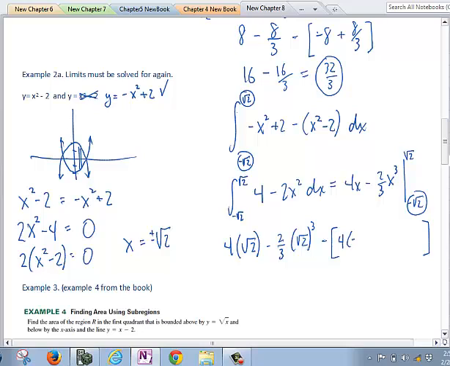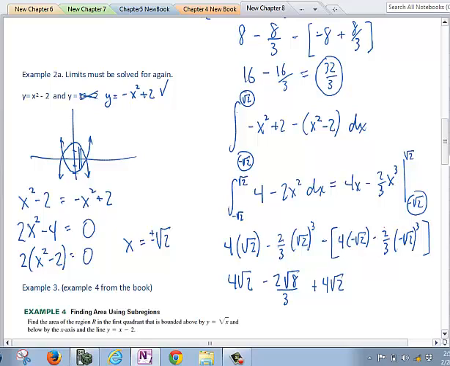I'm going to try to simplify this mess. We get 4 root 2 for that part, minus root 2 cubed, which is root 2 times root 2 times root 2, which is root 8. So I have 2 root 8 over 3, minus, this is going to become, I've got negative 4 root 2, but the negative and the negative are going to make positive 4 root 2.